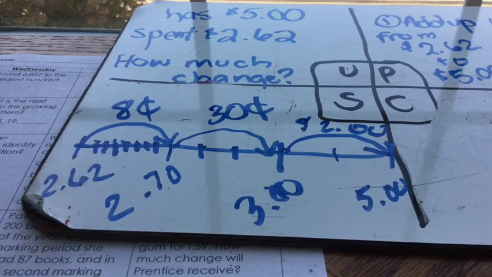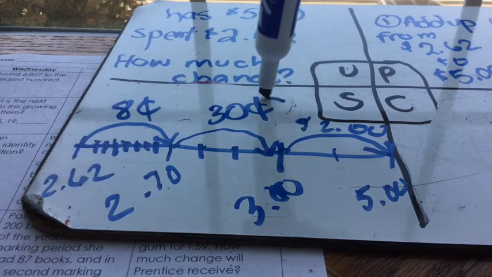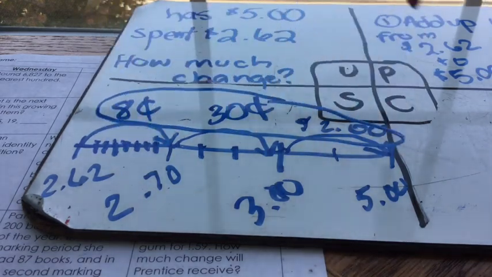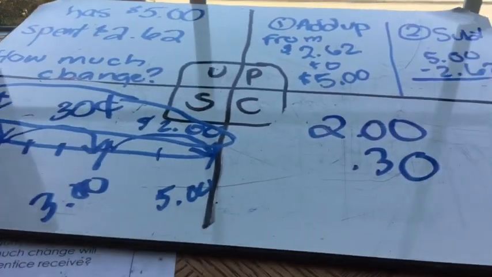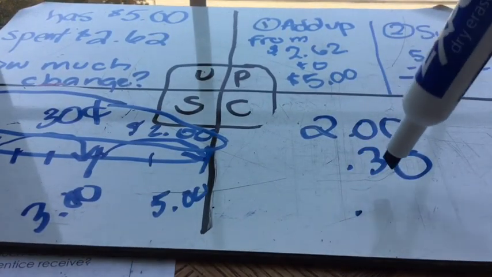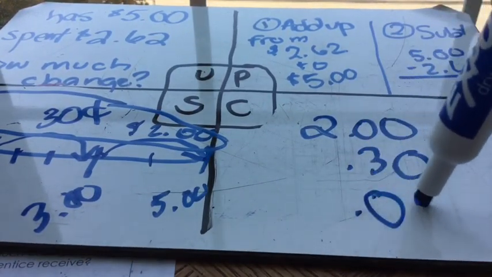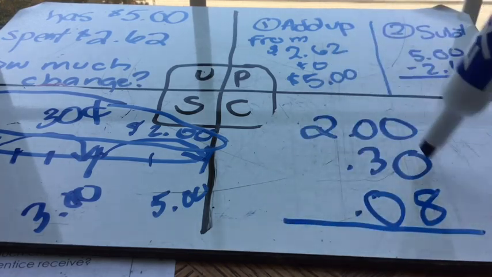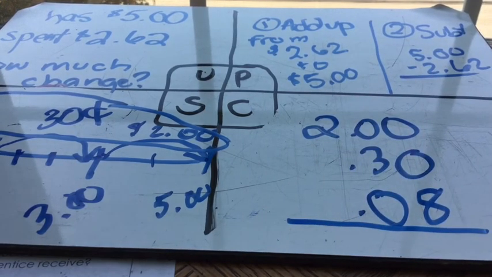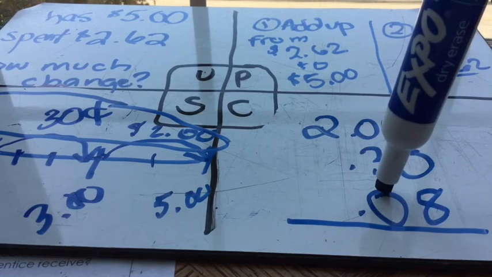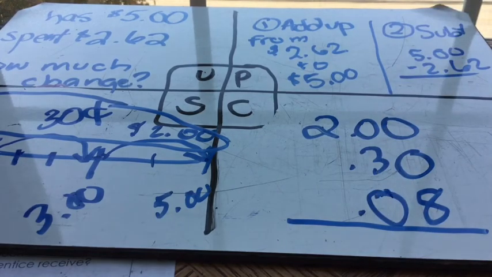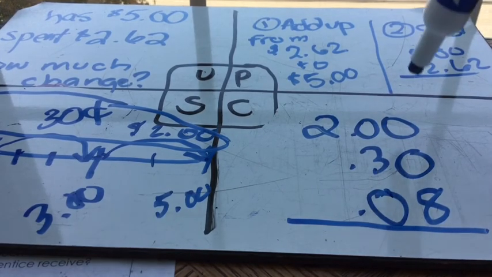Okay, and so I'm now going to put all of my jumps together. So I have $2 plus 30 cents. I'm sorry, you can't see that. Plus 8 cents. Now be careful that the 8 cents is going in the penny column, not in the tens column, because if you put 8 here, that's saying 80, and 8 cents and 80 cents are not the same thing.